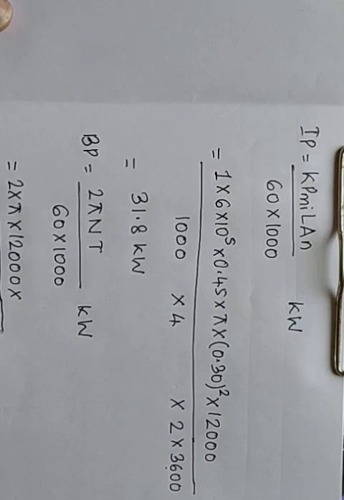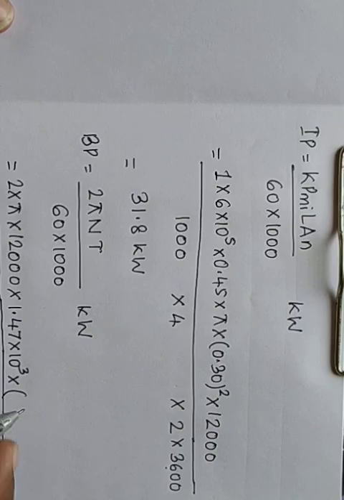Into torque, that is W minus S. W minus S is 1.47 into 10 to the power 3. That is, it should be Newton meter. Then the next term is N. This is W minus S. Next dB plus dr. dB plus dr is 1.8 plus, convert this 3 centimeters into meters. So into divided by 2.